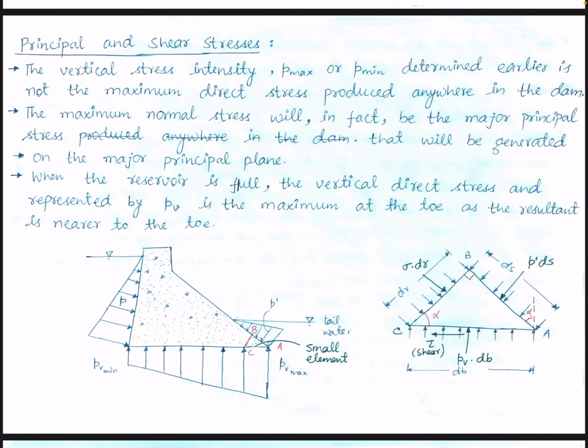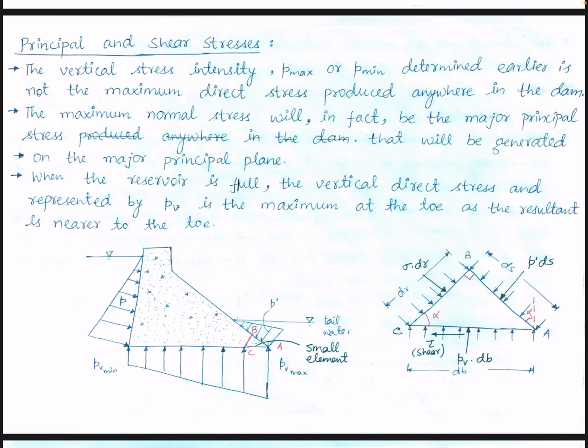So the plane is also very important, so we first have to find the plane. How are we going to find that plane? By checking on which plane the shear stress is 0. We can calculate the shear stress at a random angle theta, and by putting tau equal to 0, we will get the theta value.